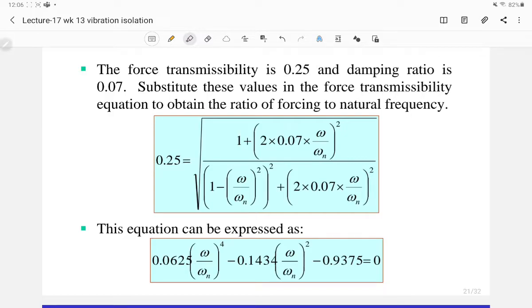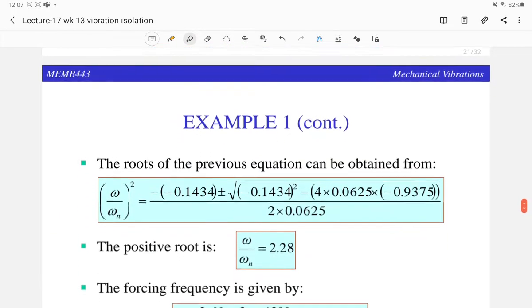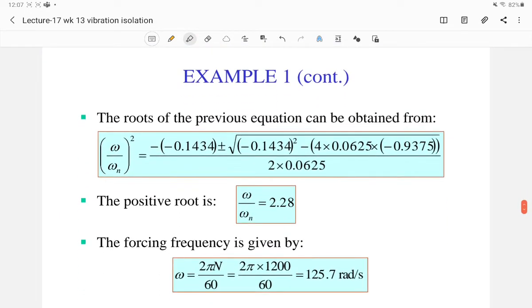So you equate it with 0.25. Your zeta is 0.07, so just substitute and you are left with omega over omega n, which you want to solve for. You find that the positive root of omega over omega n is 0.28.